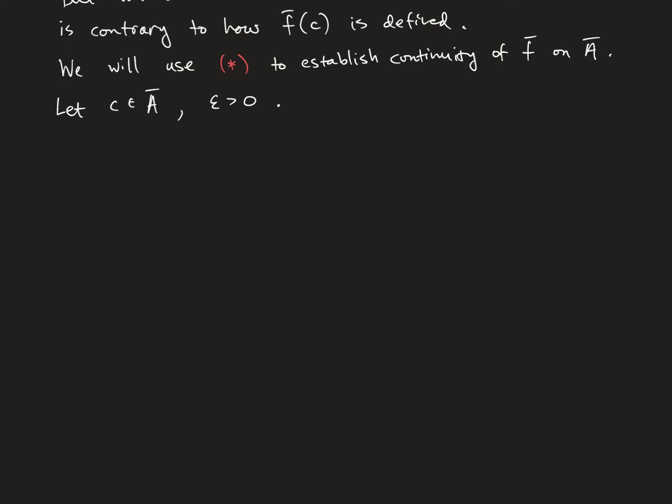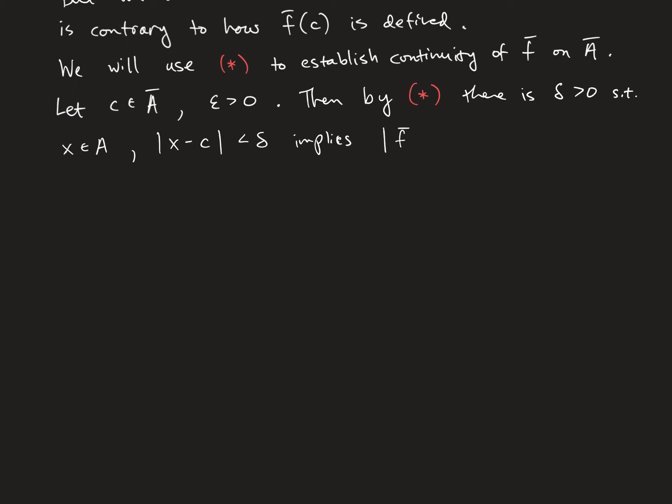Okay, so we'll let epsilon be greater than 0. So then, by star, there is a delta greater than 0, such that when x is in A, and the distance between x and C is less than delta, those things imply that f bar of x and f bar of C are separated by less than epsilon over 2.